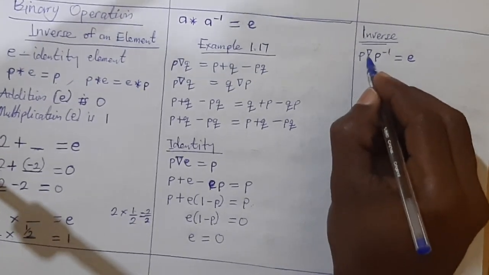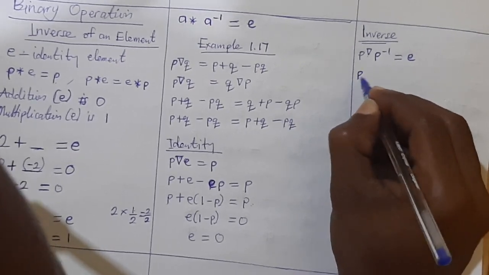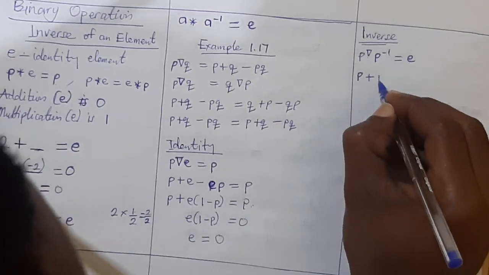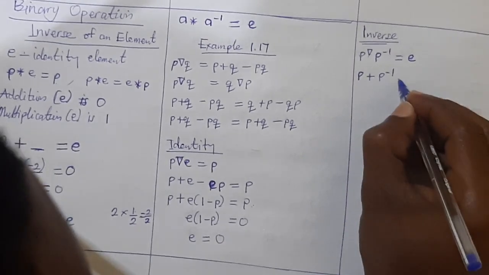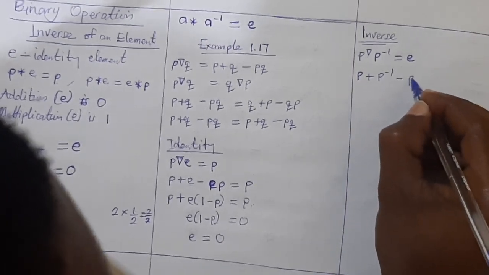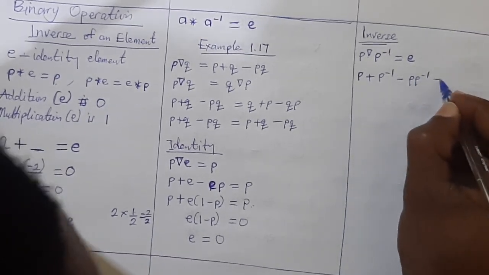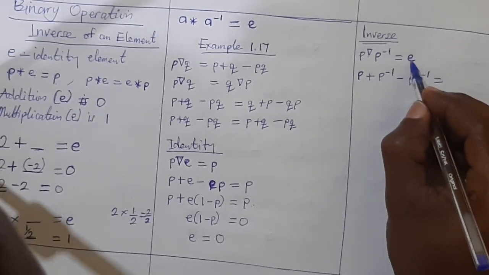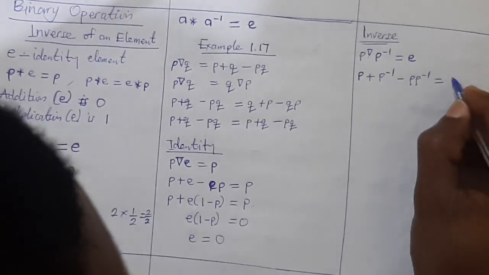Now we have a definition for this operation, which is P plus, so the first element plus the second element minus the product of the first element and the second element. And the answer is E, is equal to E. And we already found E to be 0.